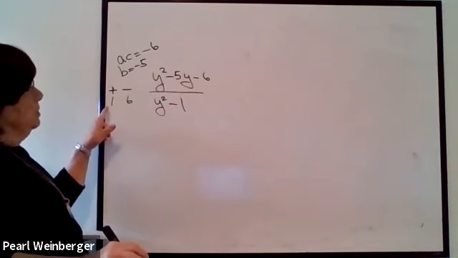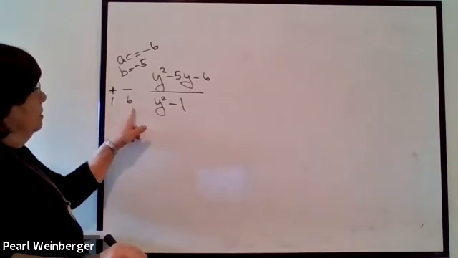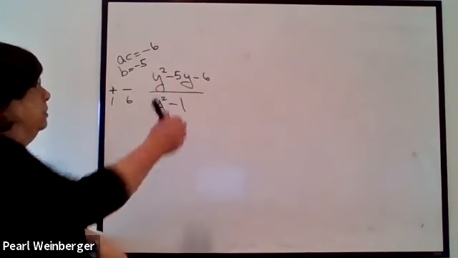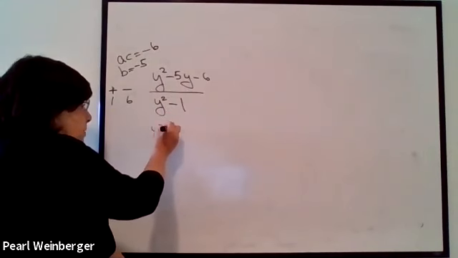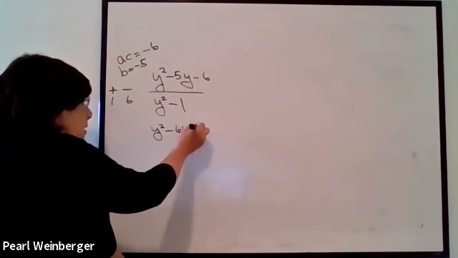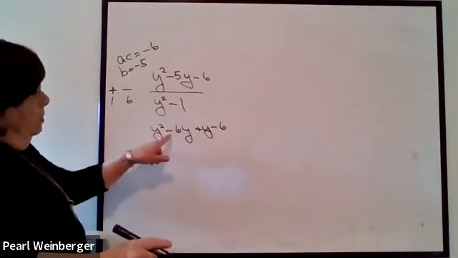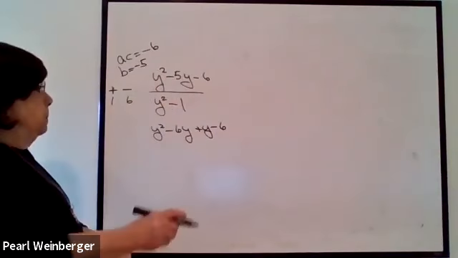But if you notice, 1 and 6 work, because if you combine a +1 and a -6, that'll give you your -5. So rewriting the y squared, that'll be y squared minus 6y plus y minus 6, because -6 and +1 give me -5.